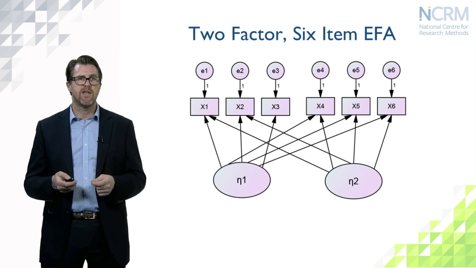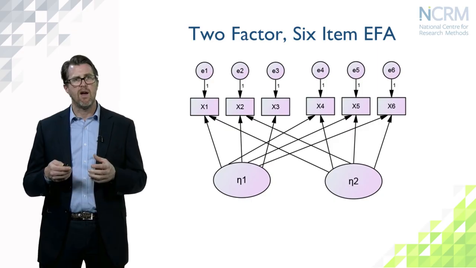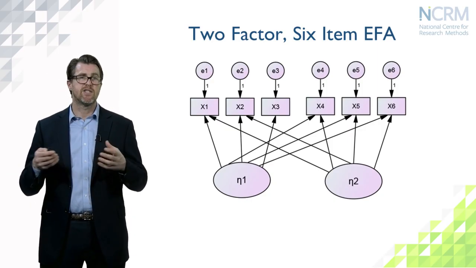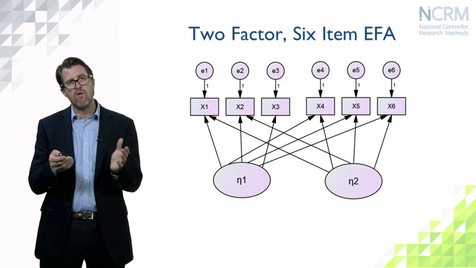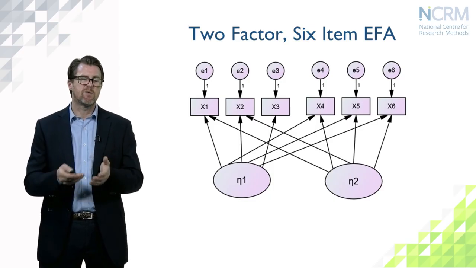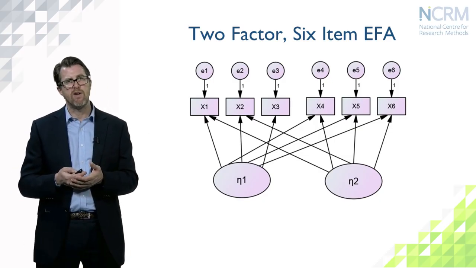Here we have 6 observed variables, x1 to x6. Now, the first part of the model will have produced 6 factors or components. So at this stage, we've already retained just the 2 factors that we think explain enough of the variability between our observed variables.